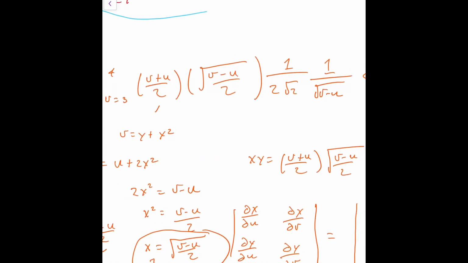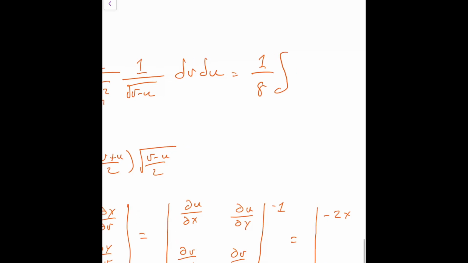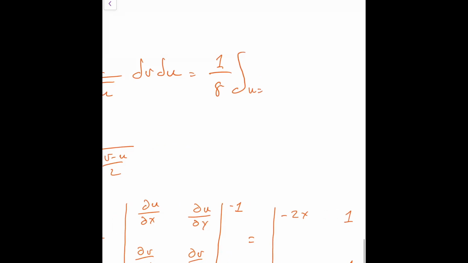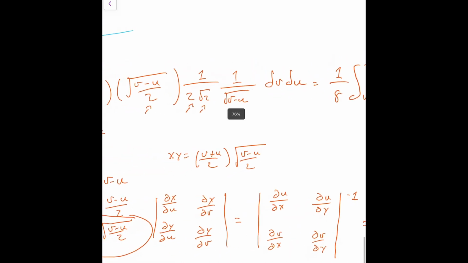Okay, so this simplifies a little bit. That 2 and that 2 make 4. This square root of 2 and that square root of 2 make 2, so we have 1/8. So this is equal to 1 over 8. U still goes from 1 to 2. V still goes from 3 to 4.